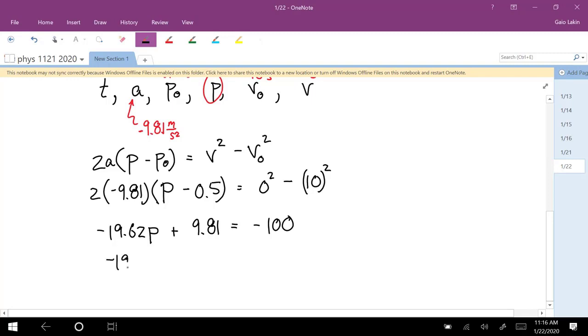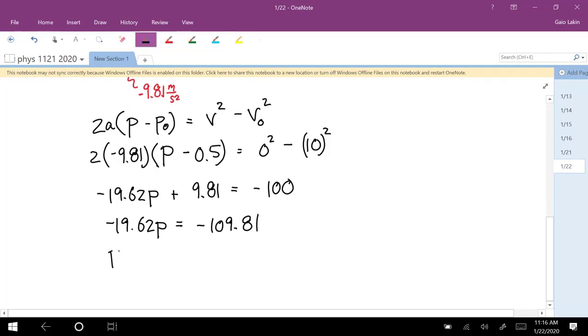So negative 19.62 P is equal to negative 109.81. And so what do you get for P? 5.597 meters.